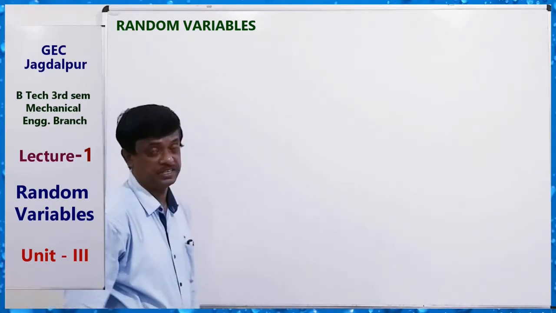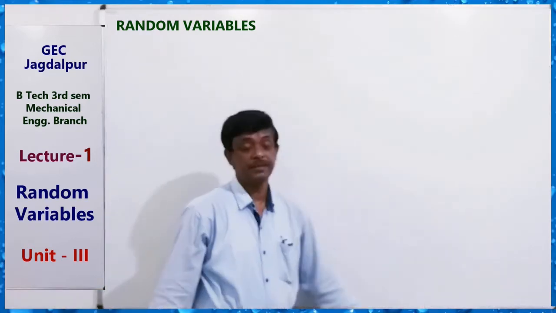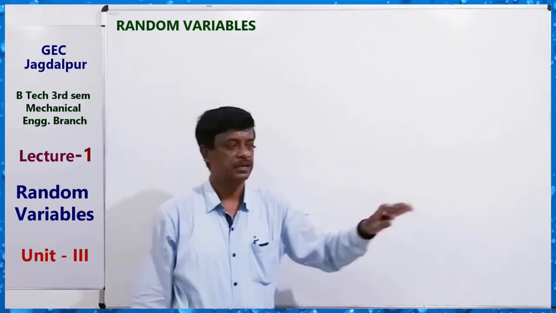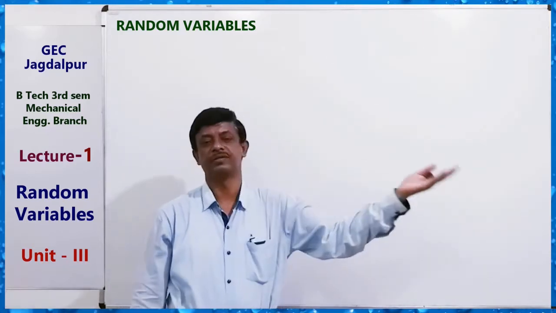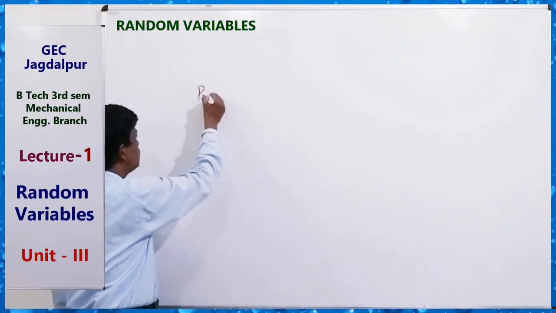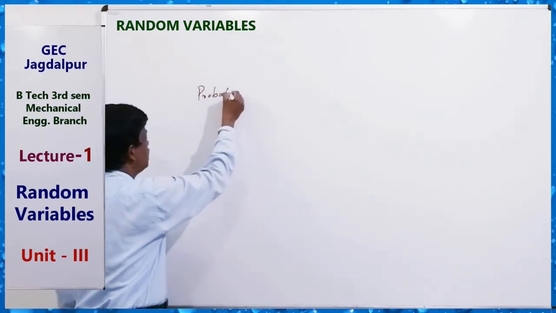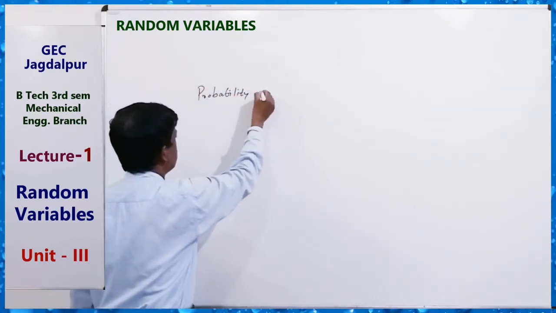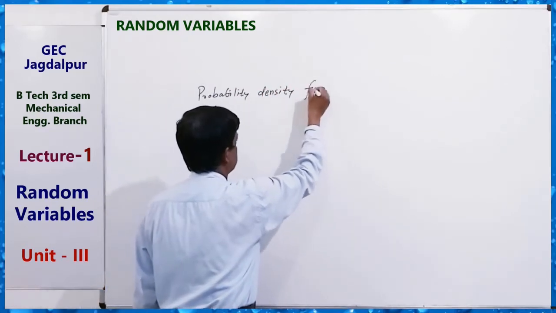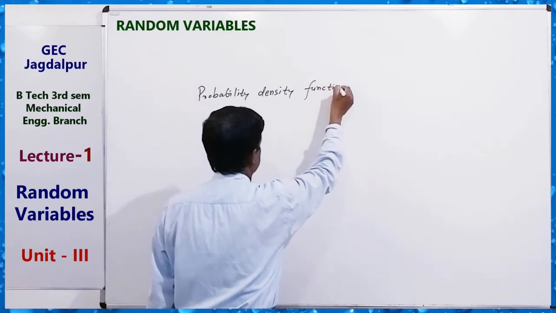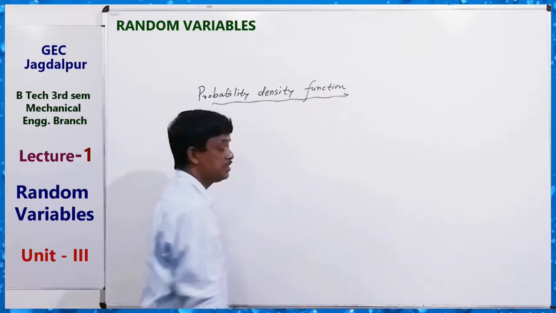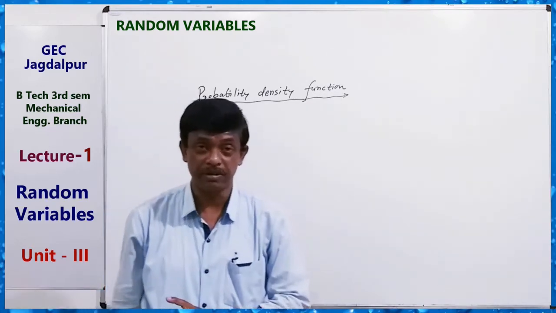Now, probability density function. Here we see that for a probability function we have values of x and probabilities p(x). The probability density function is used in the case of a continuous random variable.